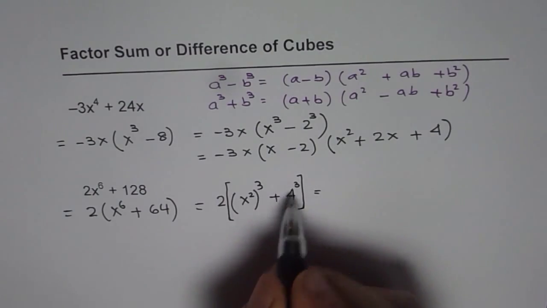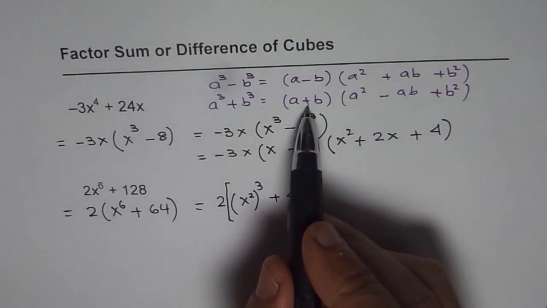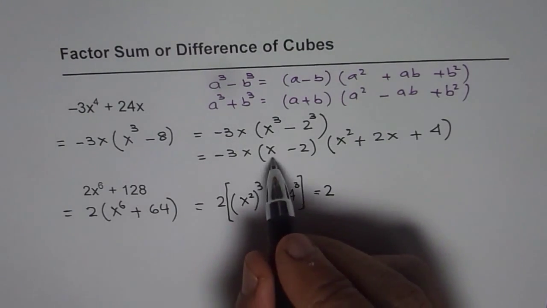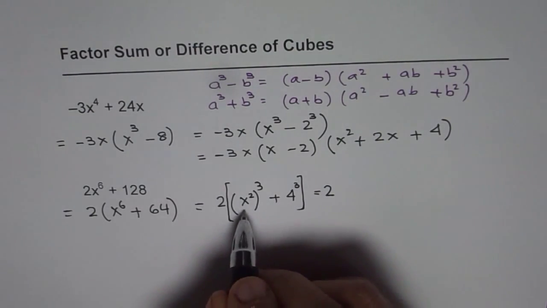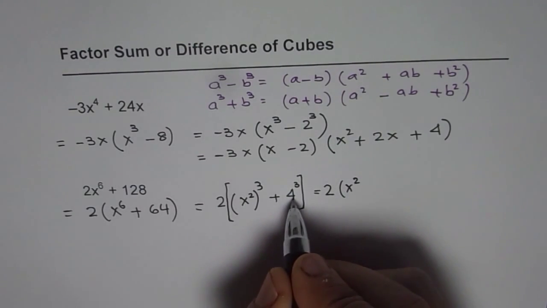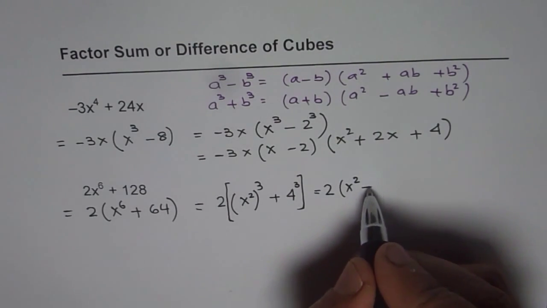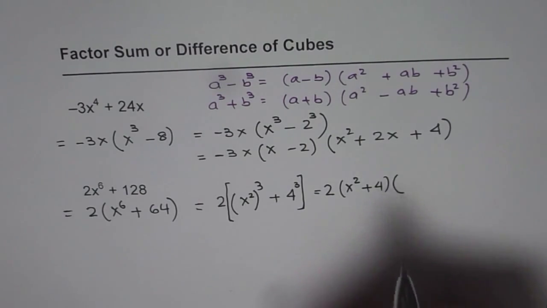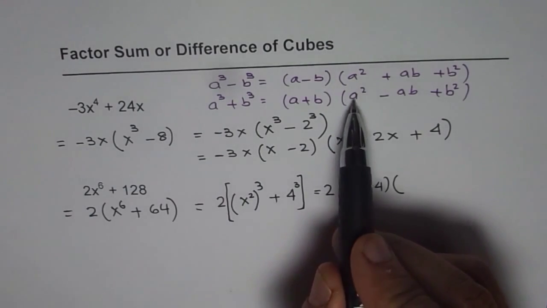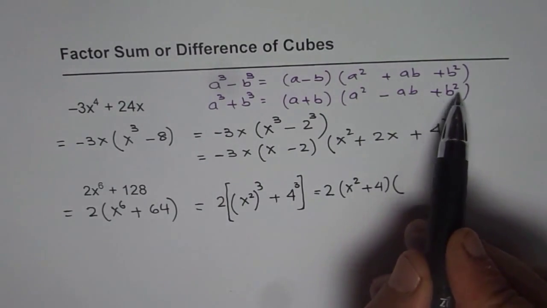So we have a cube plus b cube. We can apply the second formula this time. And what do we get? We'll get a plus b. A is x squared for us, and b is 4, so x squared plus 4, times a square minus ab plus b square, since we are using plus.